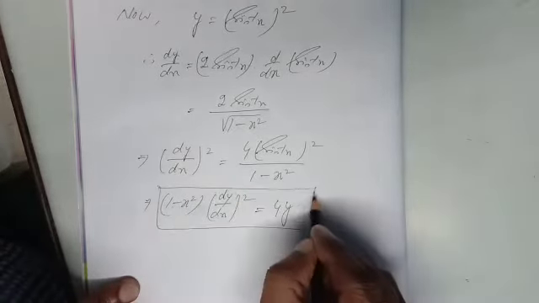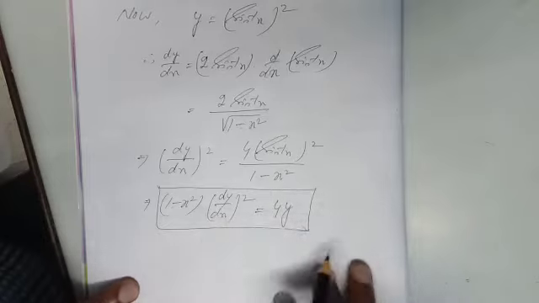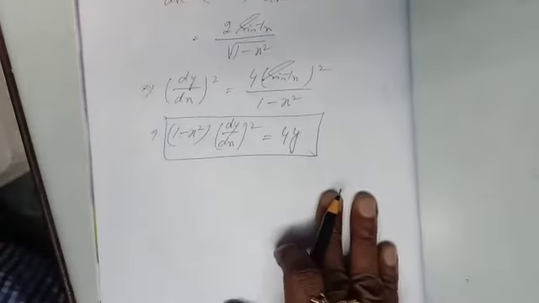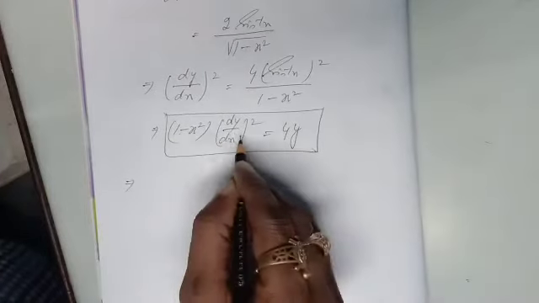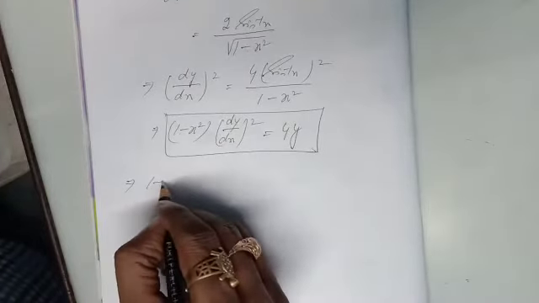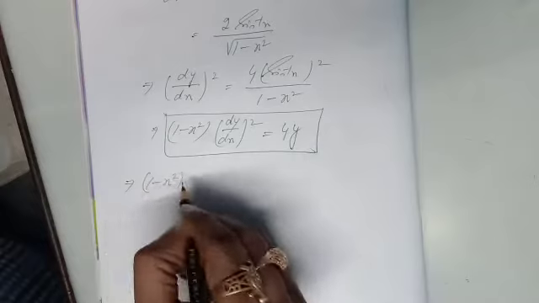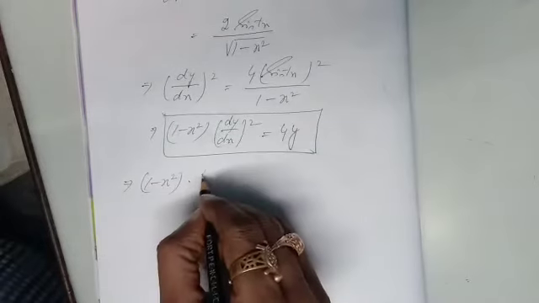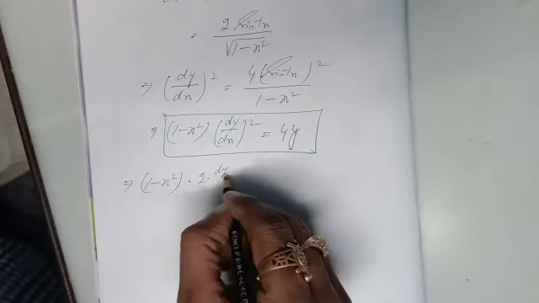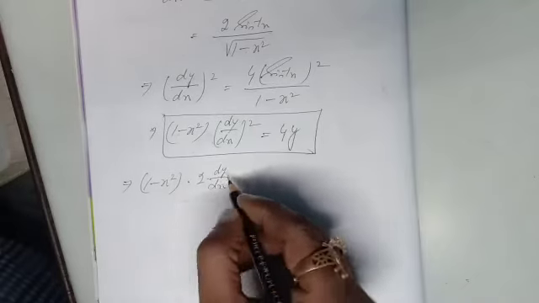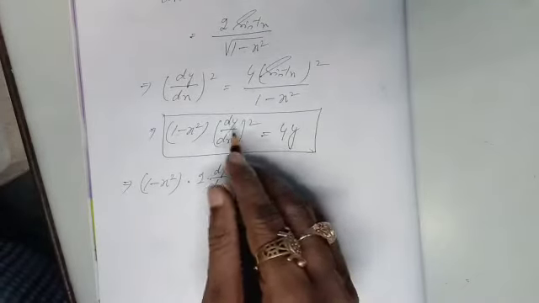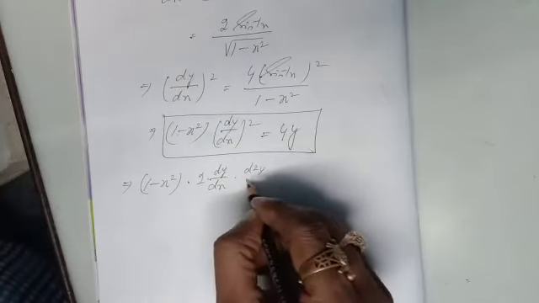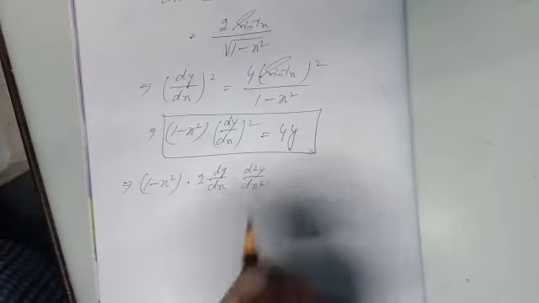Again differentiating both sides, what will you get? If I differentiate both sides using the UV formula, that means 1 minus x square, into the derivative of the second part, that will be 2 into dy by dx, again derivative of dy by dx, that will be d square y by dx square.